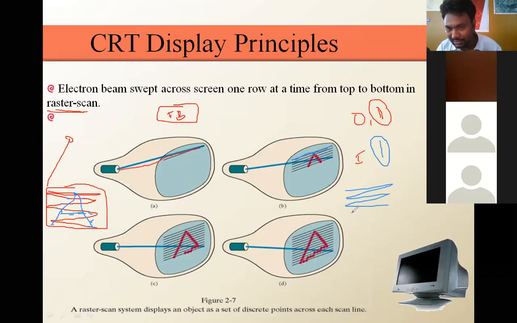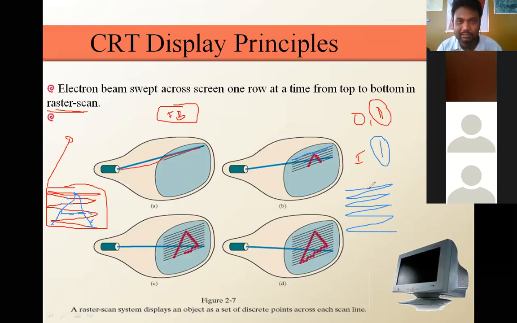So raster scan works in this way. Wherever we want points to glow on the particular line, automatically it is going to glow at that point. We want a point highlighted here, so it will highlight here.